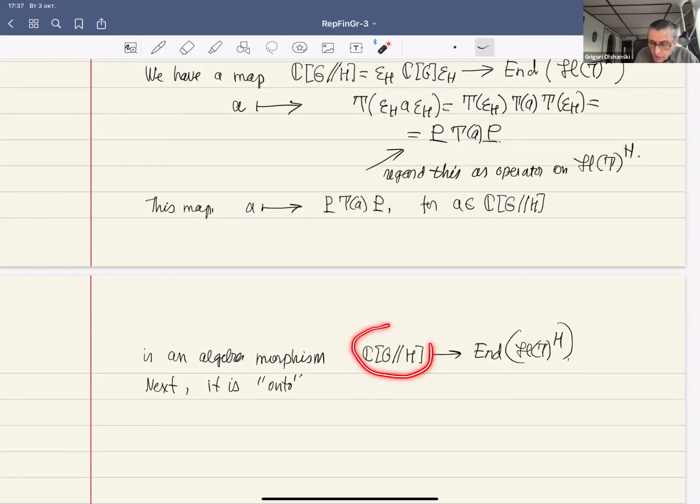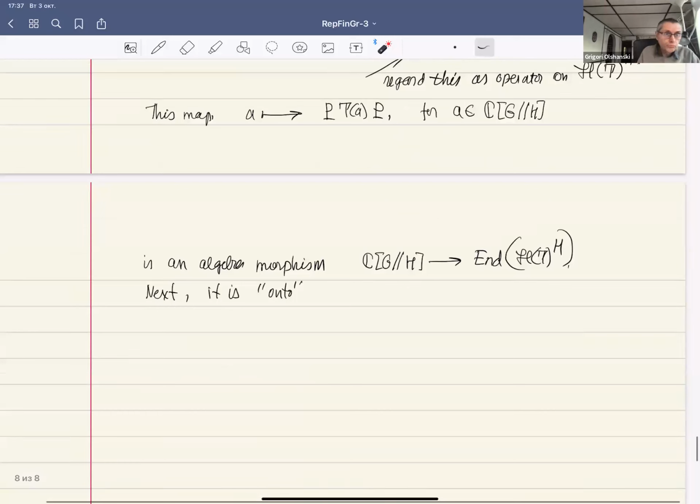But this algebra is commutative by the definition of a Gelfand pair. This implies that this algebra is, if it is non-zero, so assume it's non-zero, one dimension, because it is the algebra of all operators. It's commutative, so the space has dimension 1. This is important.